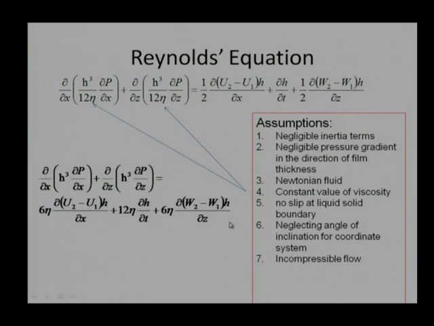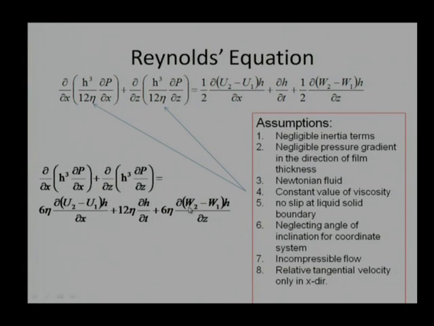the term along the z direction, which represents the wedge action as well as stretching action. Now, to simplify this equation, we assume tangential velocities along the x direction. In other words, there is no relative velocity in the z direction.